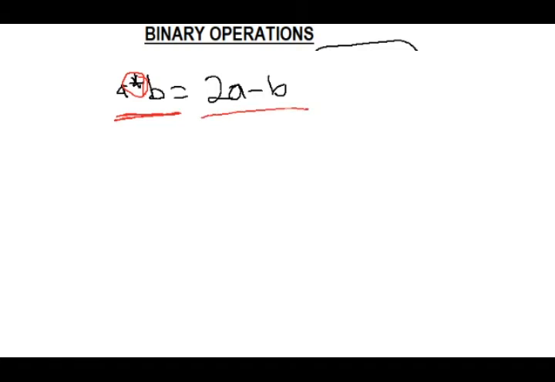You understand? So in case we have something like 2, we should find 2 star 5. Now, the first number always means the first letter that came. So the first one will be for A, and the second one will be for B. Then you just substitute.